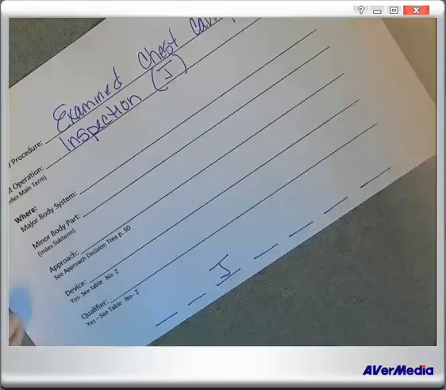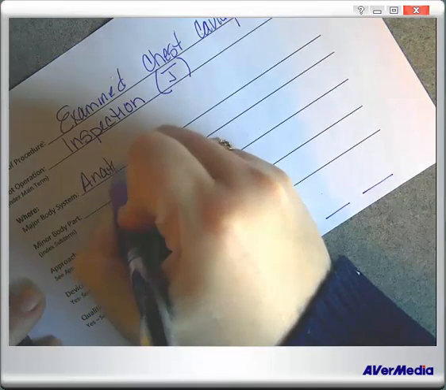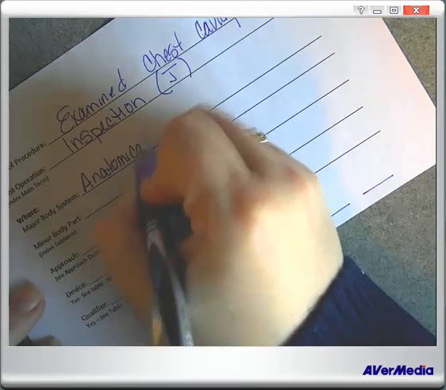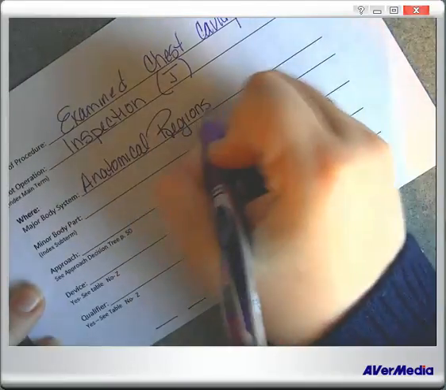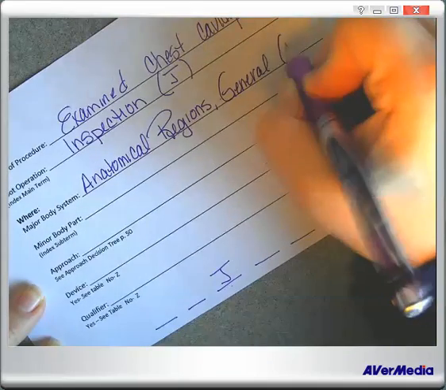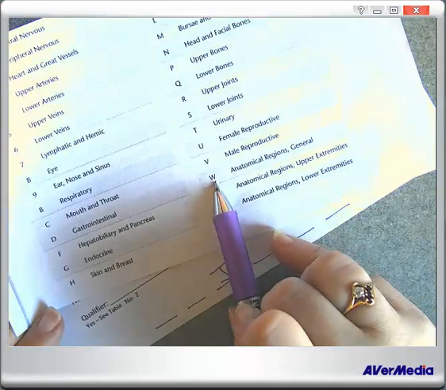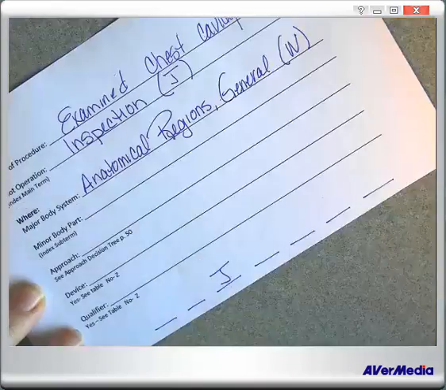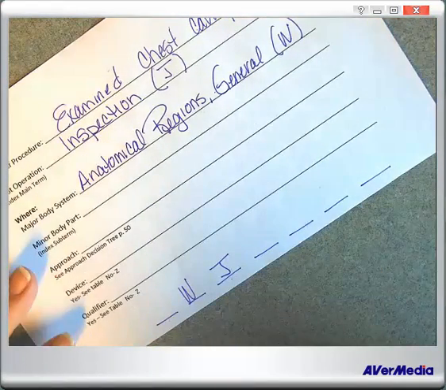So we're going to say anatomical regions general, and that is the value W. So we know that W is going to be our second character for our major body systems.